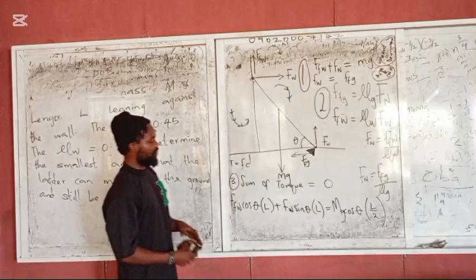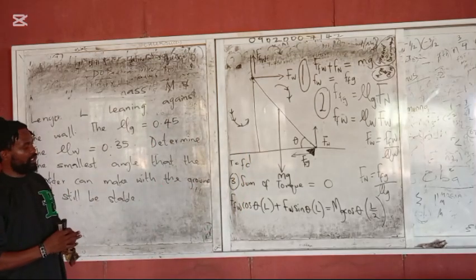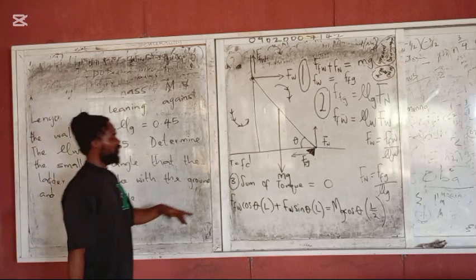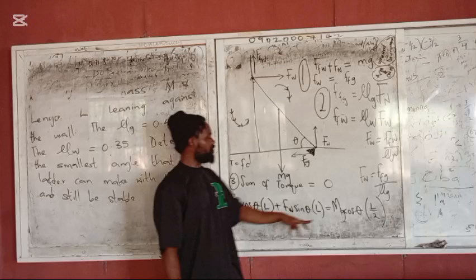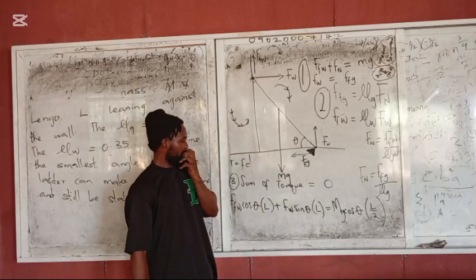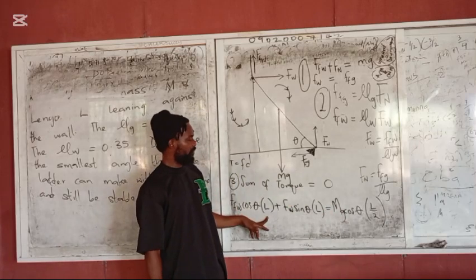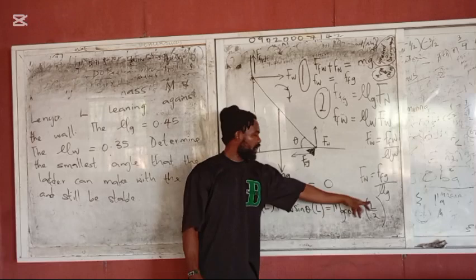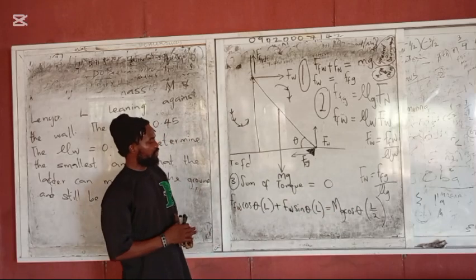Yes. So I will notice they have something in common. They have cos here, they have cos here. Is it not true? And they have L and L. Is it not true? Check now.